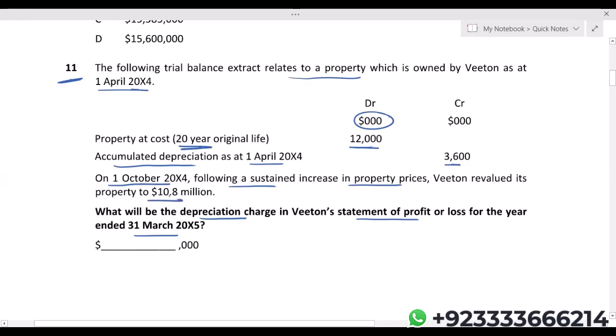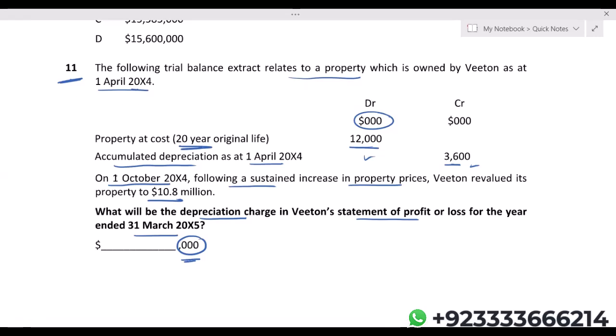Now listen carefully. We have been asked to just calculate the depreciation expense, and we have to work on these values because in the answer, the examiner has already ignored the 3 zeros. The year end is March X5 and in the middle of the year, 1st October X4, the organization has revalued the asset.